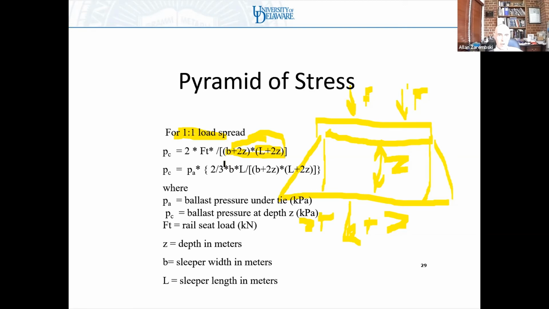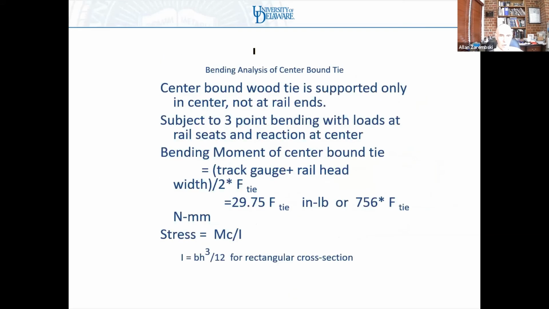Now, we can also do it in terms of P sub A, where P sub A is the pressure at the bottom of the sleeper at the top of the ballast. So if we know P sub A, and remember P sub A, we did that before.